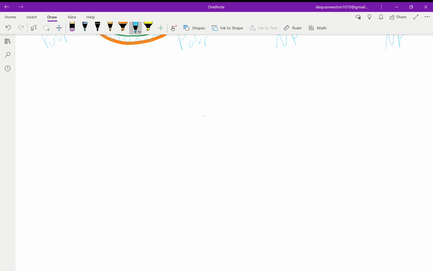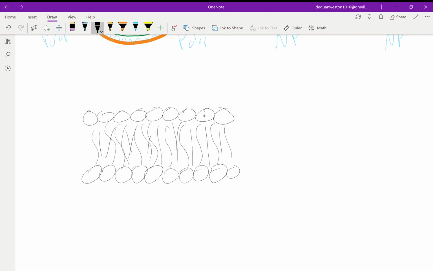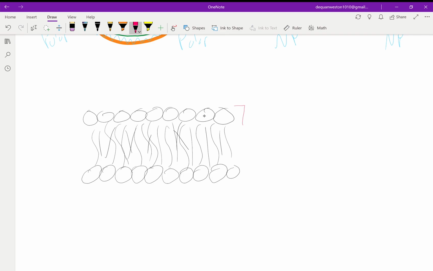Alright, so you have the cell membrane. We're just going to draw it like this. Alright, so this is our cell membrane. Now the big thing to understand here is your regions.